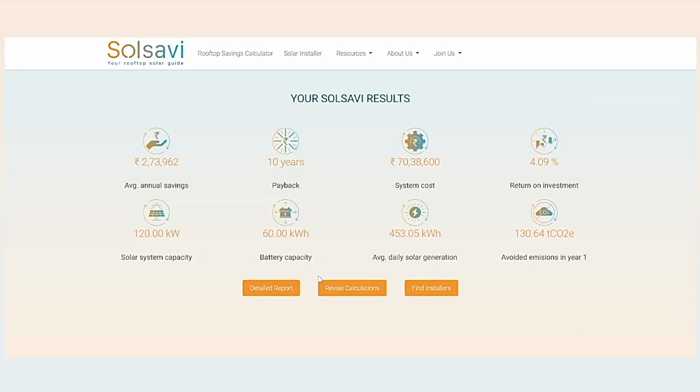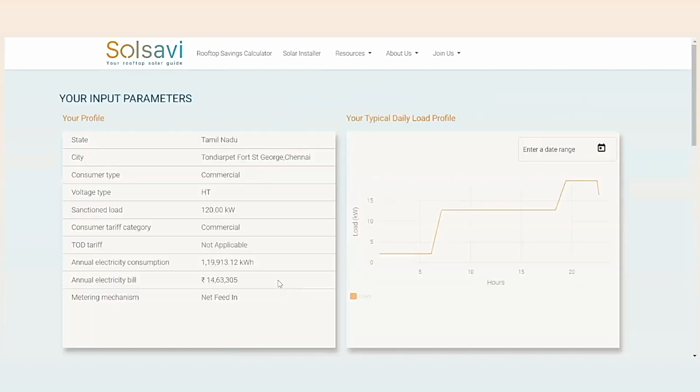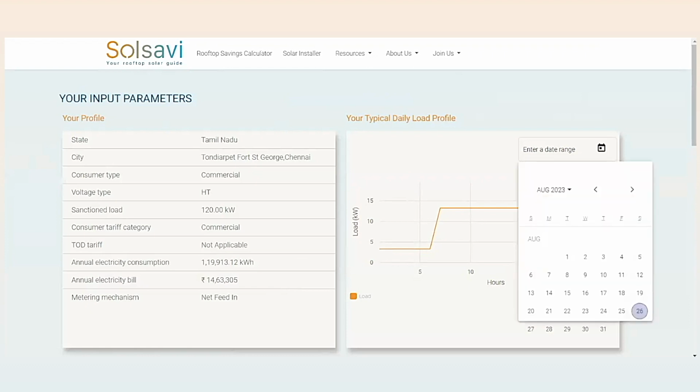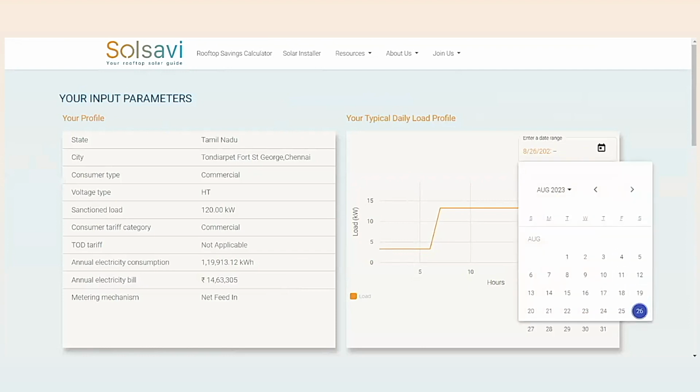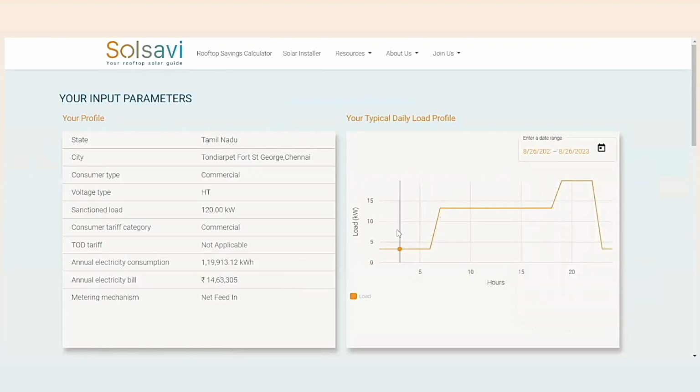To find more details, we go into the detailed report. We see here the inputs that you have entered, as well as the load profile that you entered as percentages in the time section, which can be seen for different days in the year. As this is a weekend consumption, I have selected a weekend here, and you can see that this consumption profile is for your weekend.